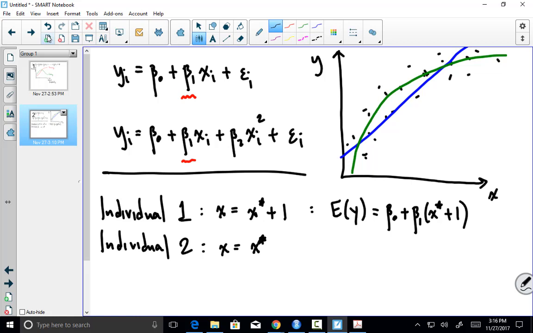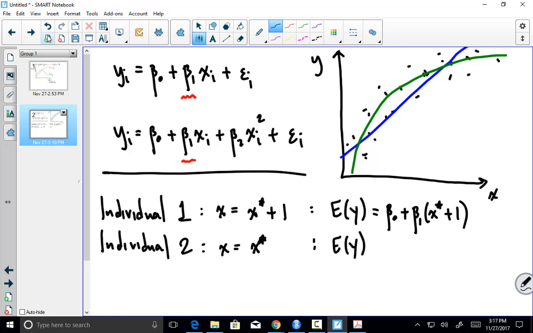The regression model is all about means. It says the mean response is a linear function of x. So individual 1, according to our model, has mean response beta 0 plus beta 1 times x star plus 1.